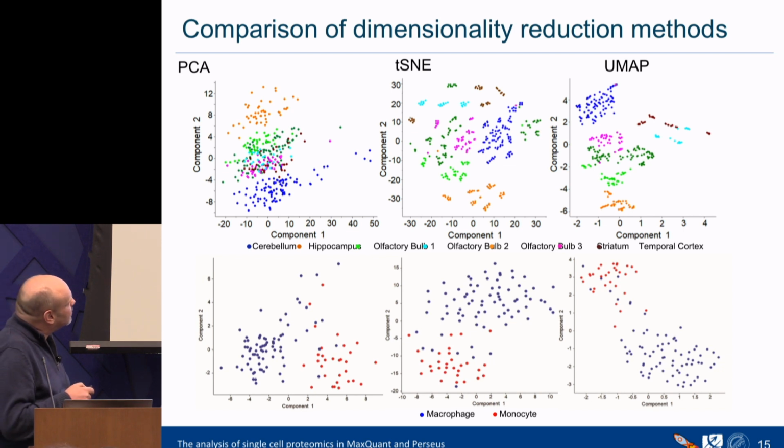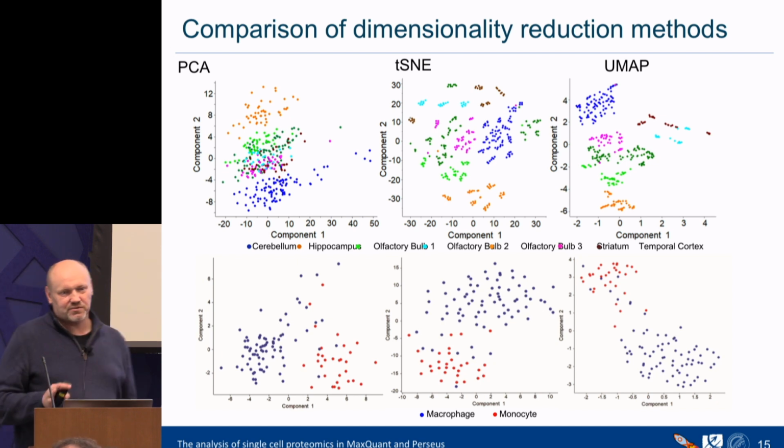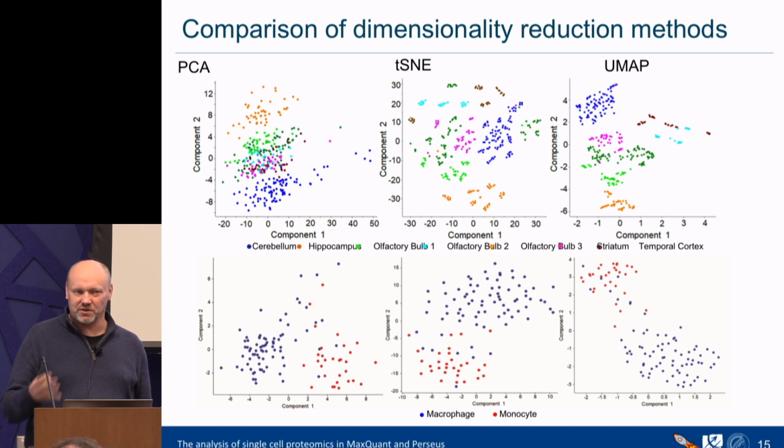Actually, if we did t-SNE, these batches were coming back for whatever reason, which we didn't really know. But I think that's really at the stage of showing you that we do all these dimension reduction techniques. I think we even have spectral clustering already integrated.